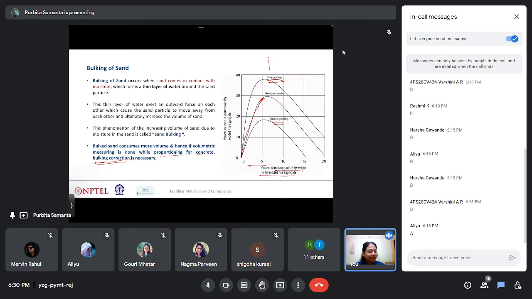But after a certain point, if you keep on adding moisture, the bulking removes. Ultimately you will get this part. If you look at this portion of the graph, you will see that you are actually leading towards saturated sand.